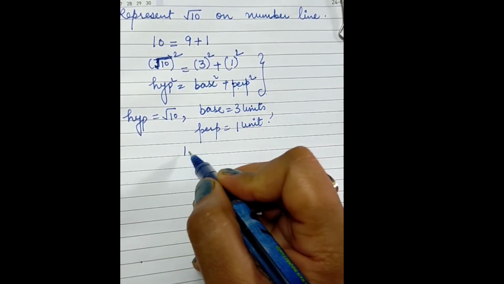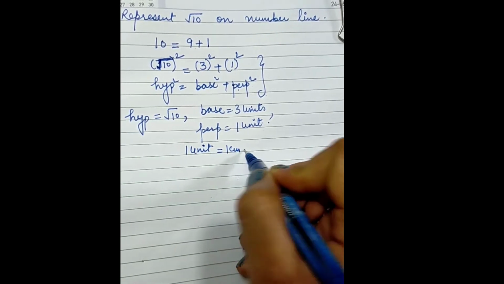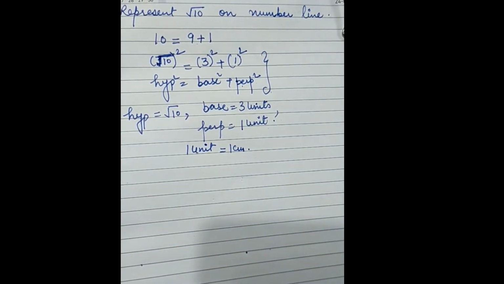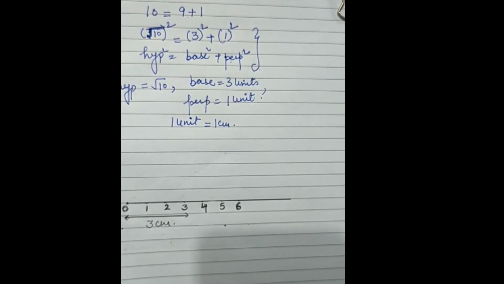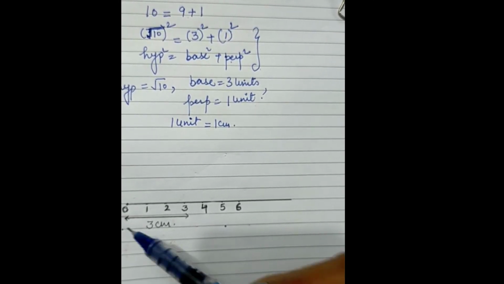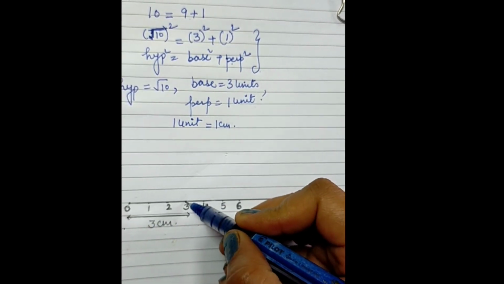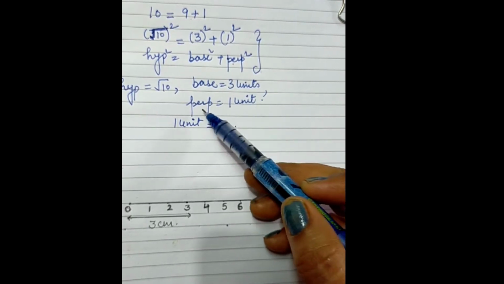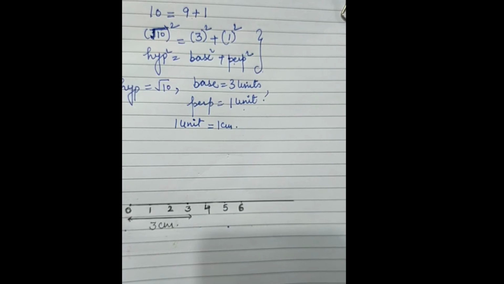That means for 1 unit I am taking 1 centimeter. So let's draw a number line. So here I have drawn a number line. I have taken base to be 3 units, that is 3 centimeter. Now base is 3 units and perpendicular is 1 unit. That means perpendicular we are taking as 1 centimeter.